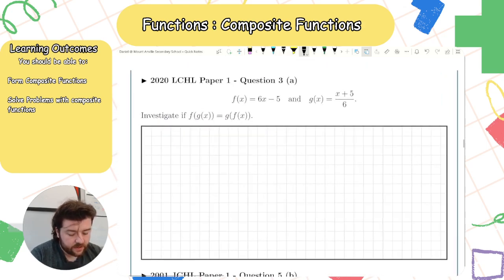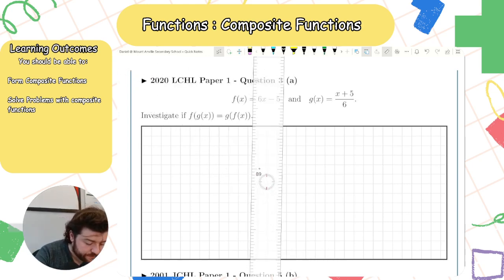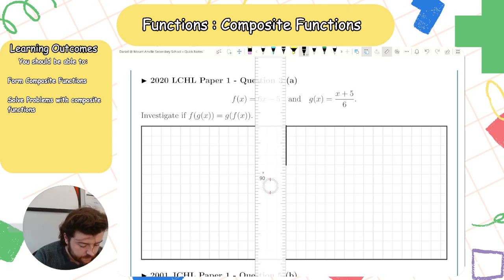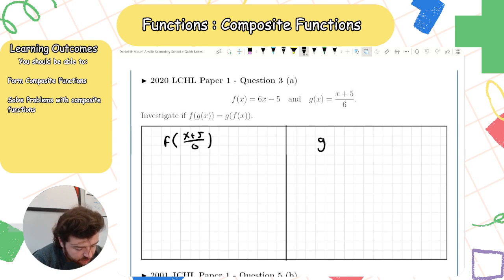Right, let's just look at some more examples here. This is from the 2020 Leaving Cert Higher Level. Investigate the following. F of g of x is equal to g of f of x. Let's see if that's true. That is going to be f of x plus 5 over 6 and g of 6x minus 5. So f of 6 times x plus 5 all over 6 minus 5.